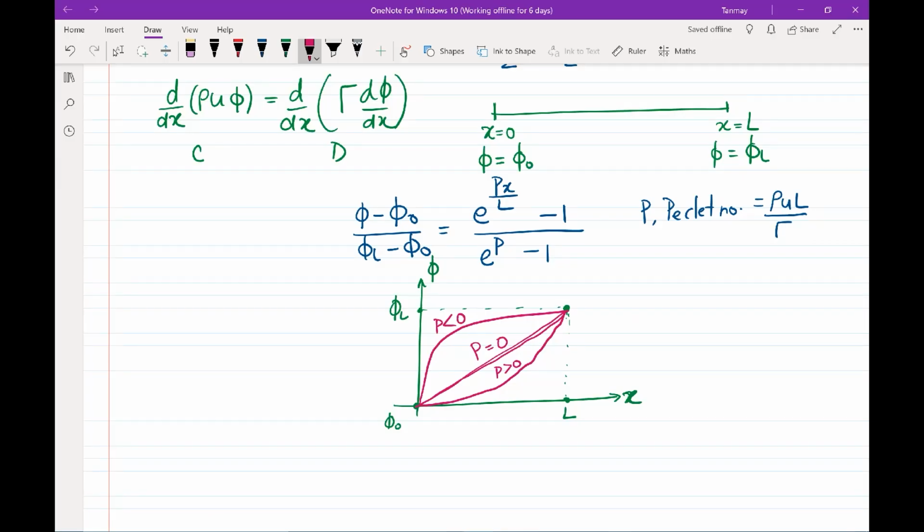So for a very large Peclet number, I would almost have a variation like this. So this is P greater than 0. Similarly, for a very large Peclet number on the negative side, we would have something as shown here. So this is the ideal or the exact solution of the problem.